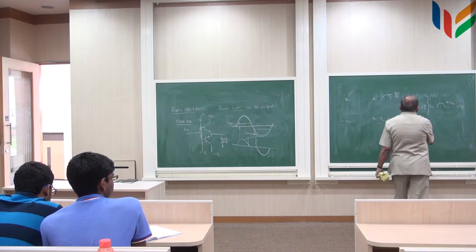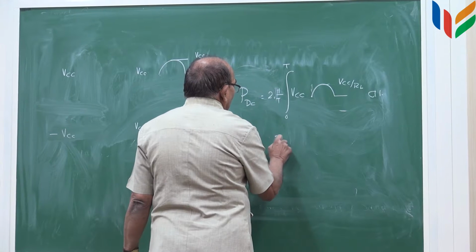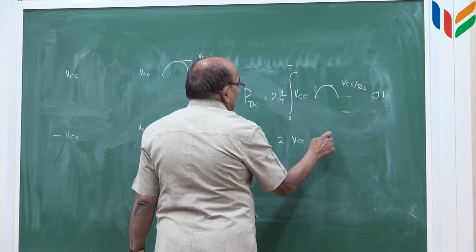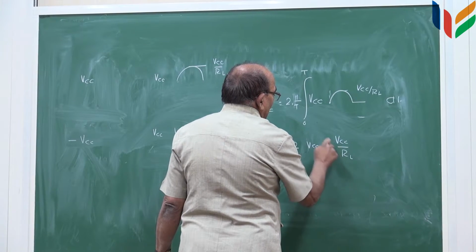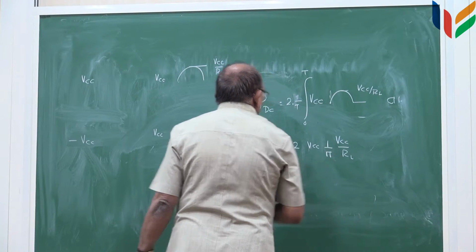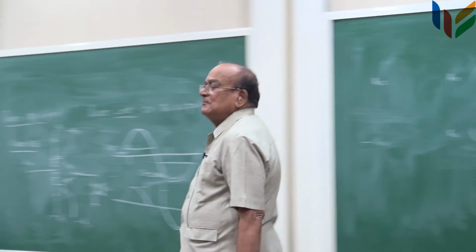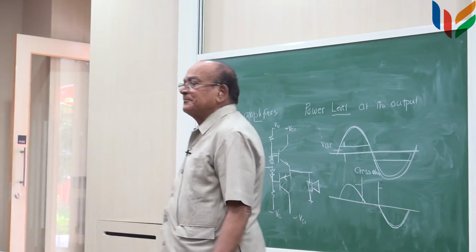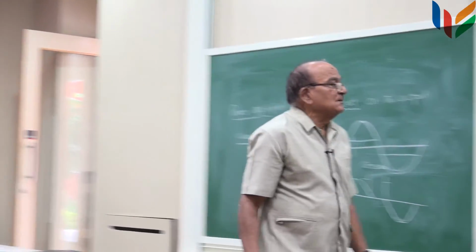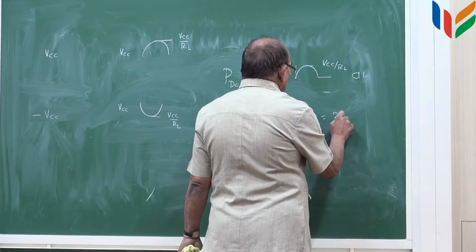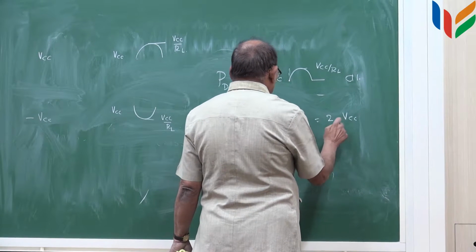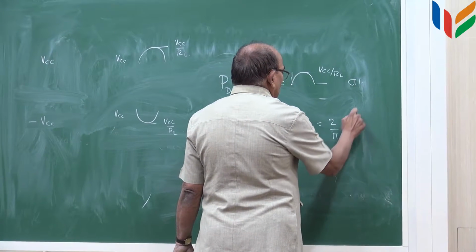So, the answer to this is 2 times VCC into the peak value times 1 by pi. So, this is equal to 2 times VCC, that is, 2 by pi VCC square by RL.